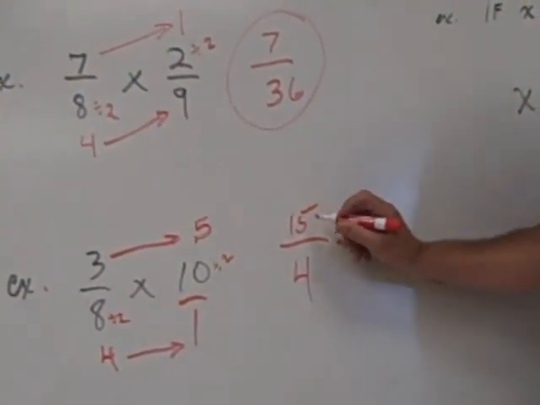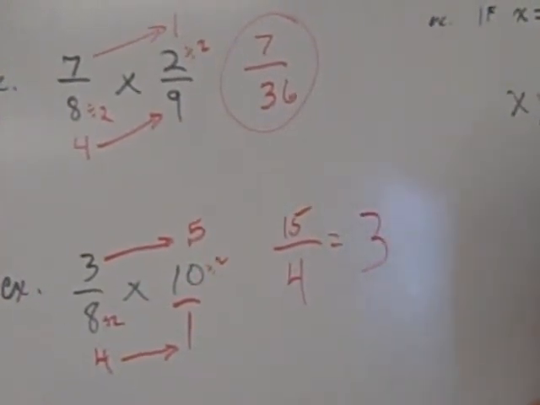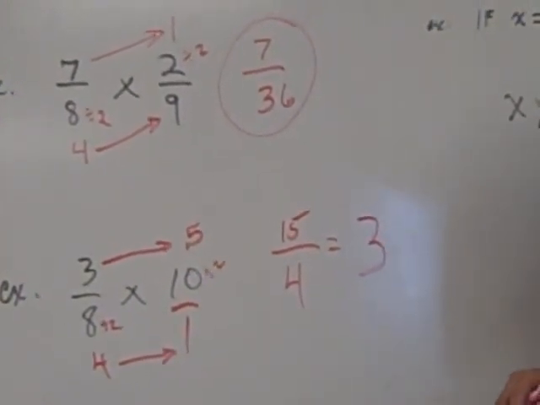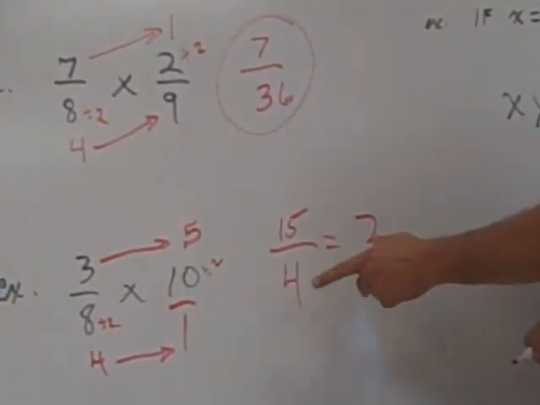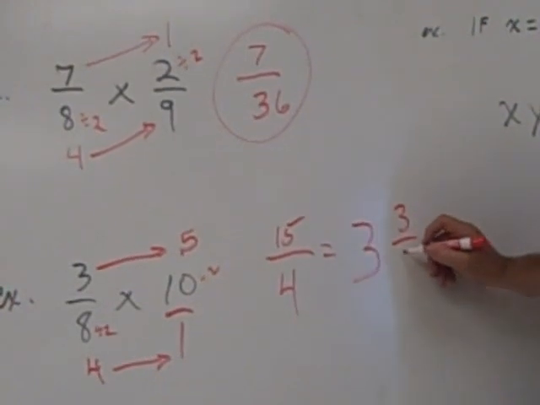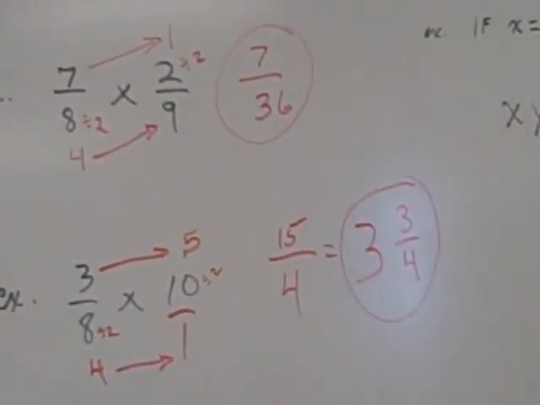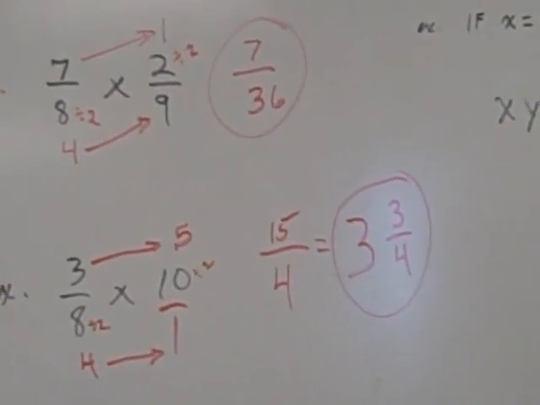How many 4s can get close to 15? 3. Do you have any leftovers? How many leftovers? 3, because 3 times 4 is 12. There's 3 leftovers from the 15. Bingo. Right, Sam? You with me?